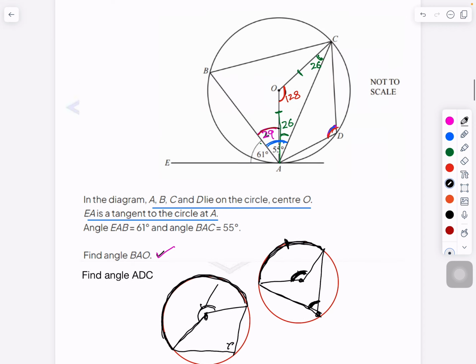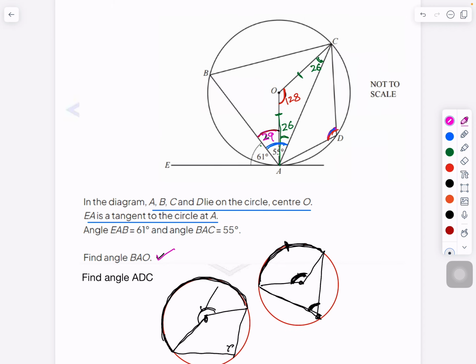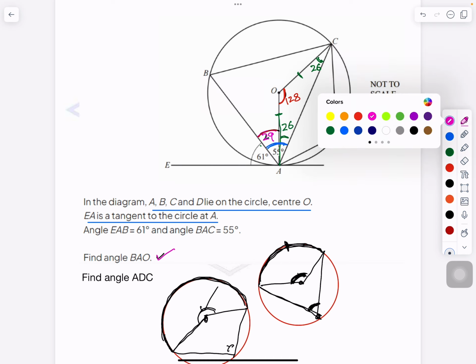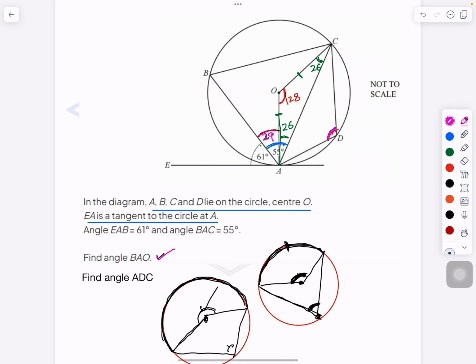Now let's go back to the question. If you look at the question, the relationship between this angle and this angle is the same as I have explained to you here. So this is my big arc length, and this is the angle at the center, and this is the angle at the circumference. So now this angle is very easy to find out.